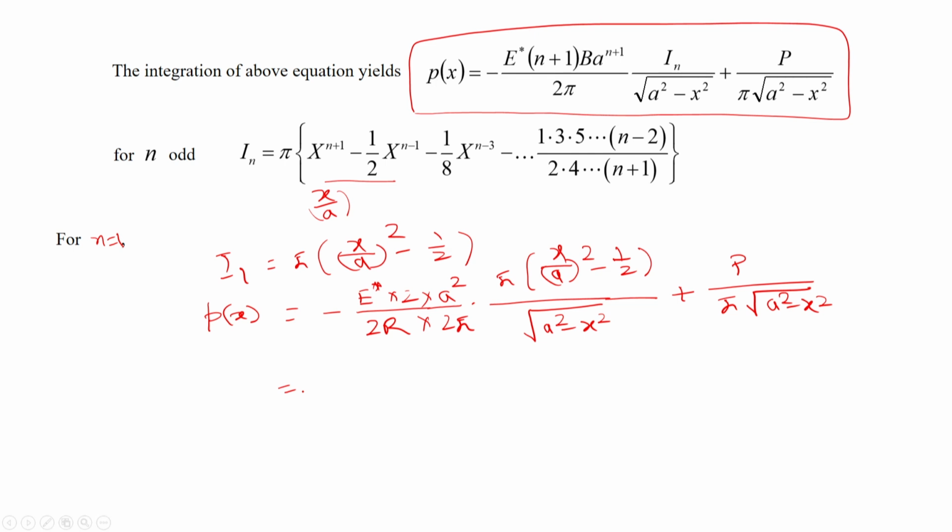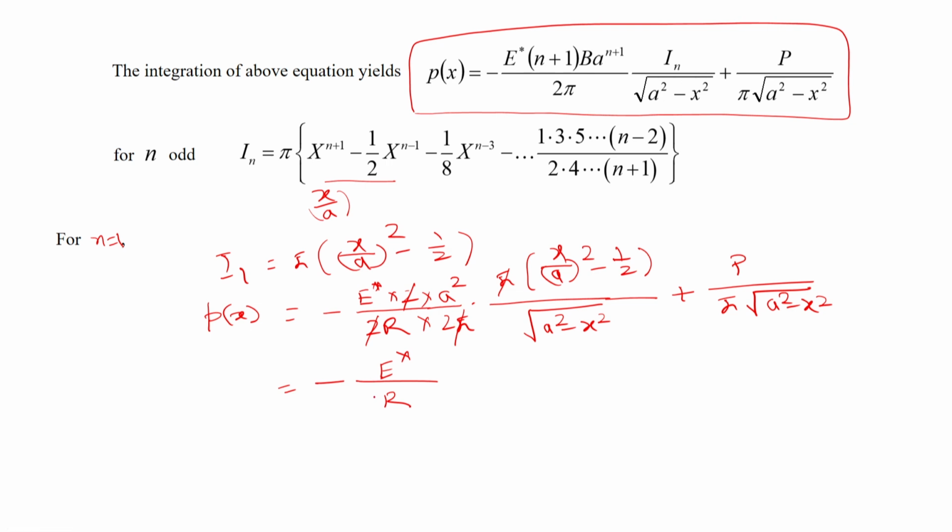Let us write it a little bit in a more compact form, and let us get rid of these terms which can be cancelled out. So, let us take a inside. So, it will be minus of E star divided by r here, and this 2 is remaining.